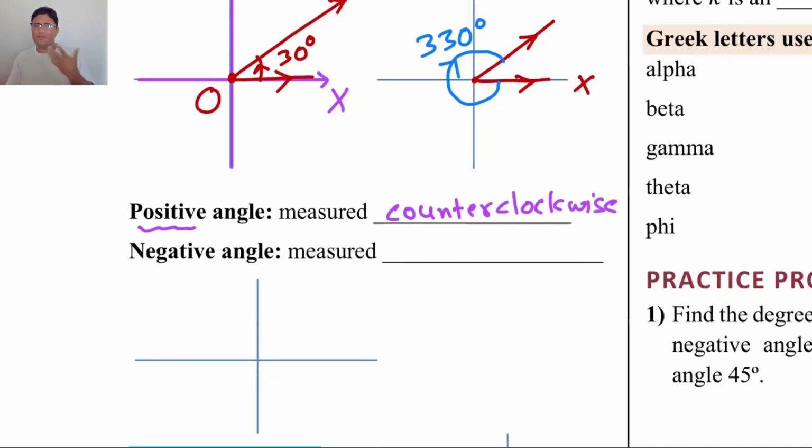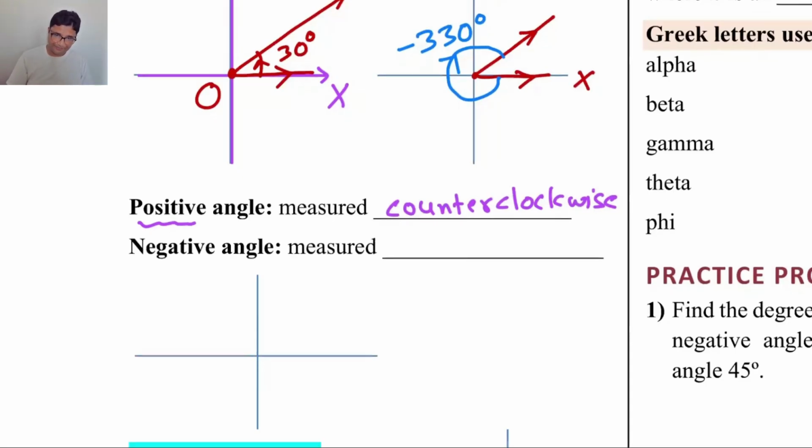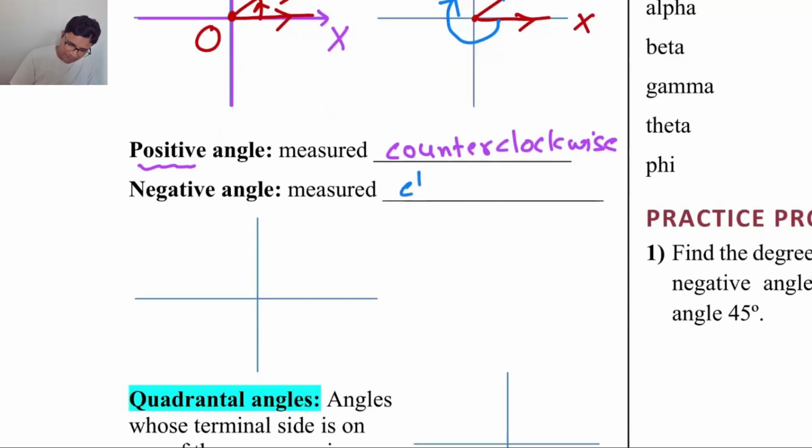If you go counterclockwise, it is positive. If you go clockwise, it is negative. So which means on the left side, you would call it 30-degree. That's correct. On the right side, I had to edit. I had to put a minus sign there. If you go clockwise, you measure it as negative angle. Negative angle is measured clockwise.